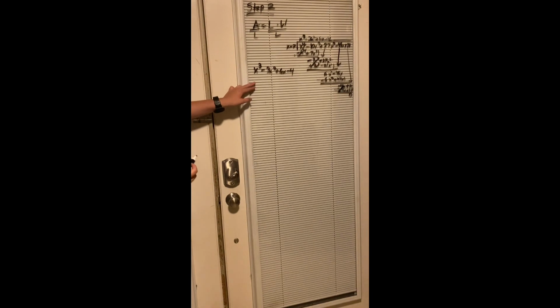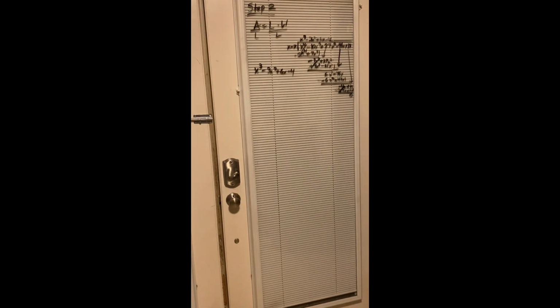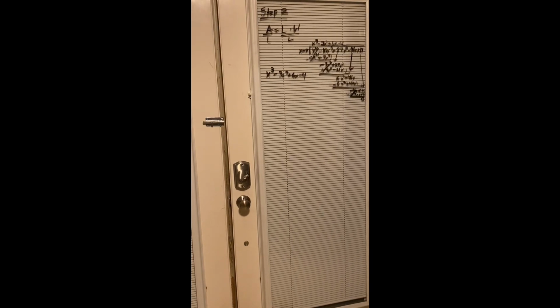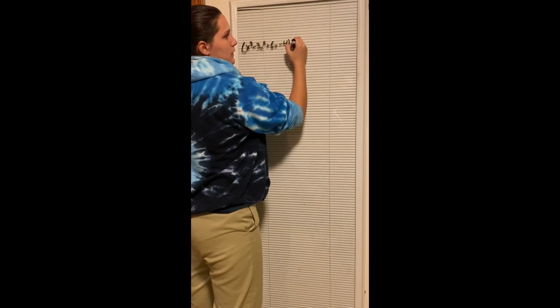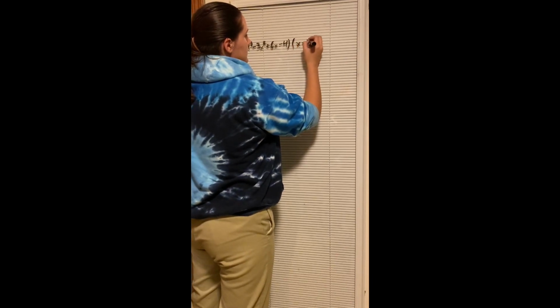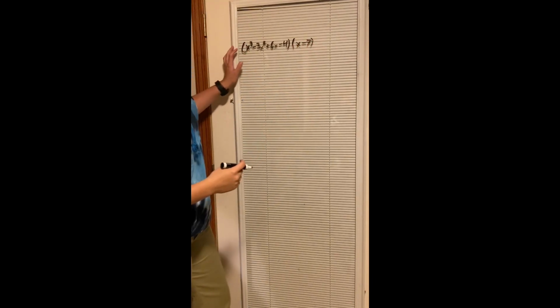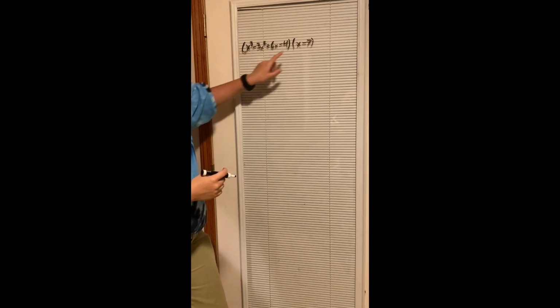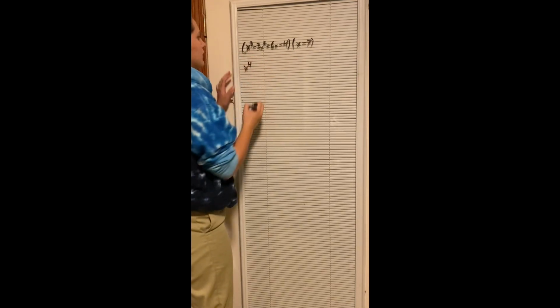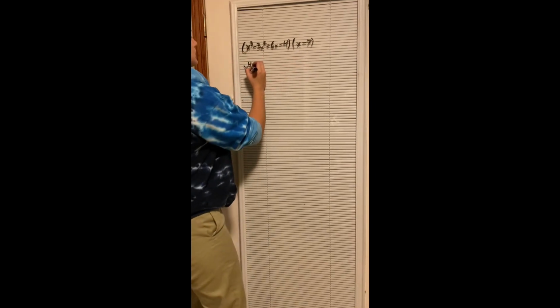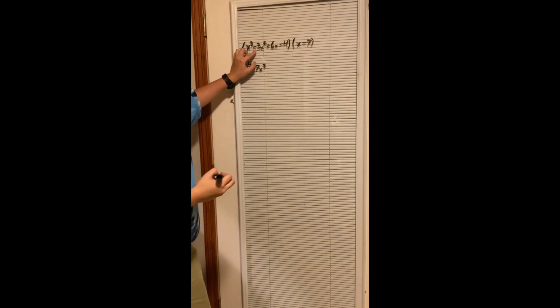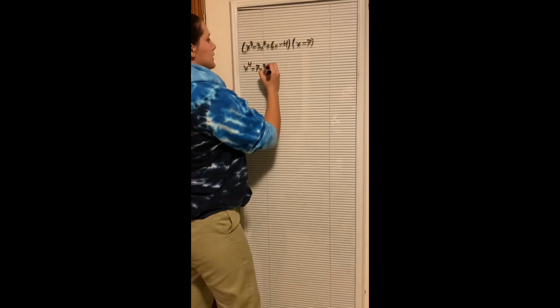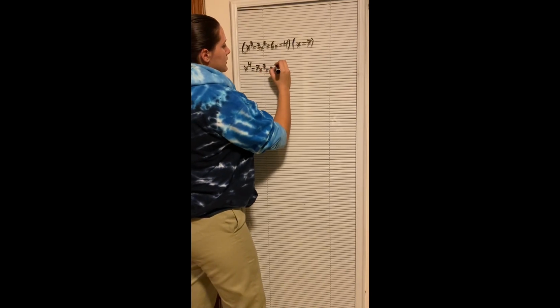To make sure that is correct, you come over and you go x cubed minus 3x squared plus 6x minus 4 times x minus 7. So then you distribute. x cubed times x is x to the fourth. x cubed times negative 7 is negative 7x cubed. Negative 3x squared times x is negative 3x cubed.